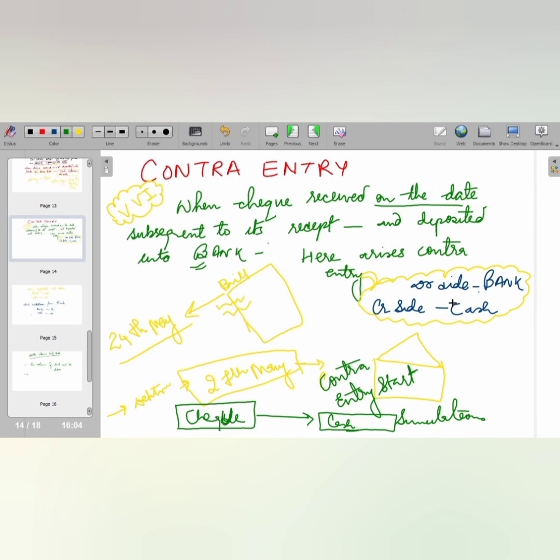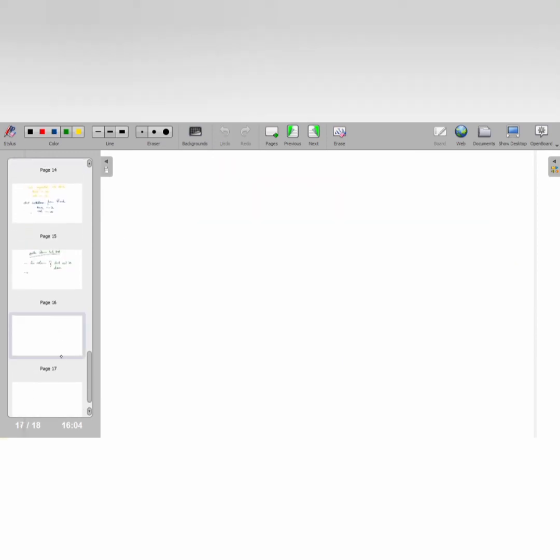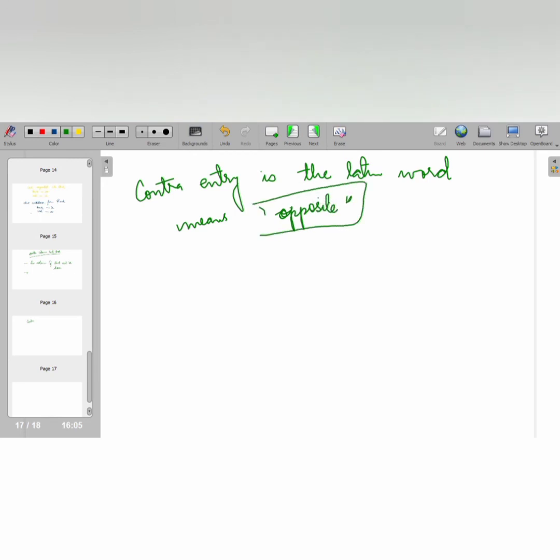Fine. Now we'll understand how the term contra entry came. See, contra entry is a Latin word which means opposite, okay. Now what does it involve?